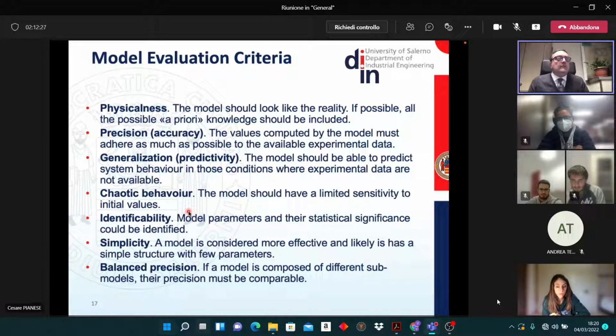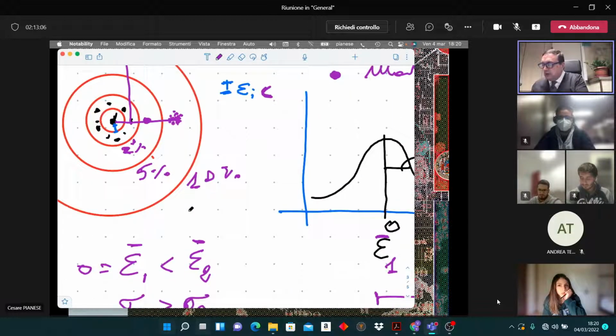I don't know whether we will have the chance to see this example. When you use nonlinear models like neural networks, if you change the initial conditions of the parameters and then identify these parameters against experimental data, the parameters at the very end, with the same error of the model, could be different, because of this nonlinear interaction between parameters and data. So you may land in a situation like this one.